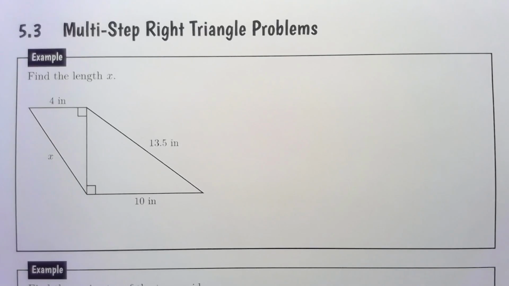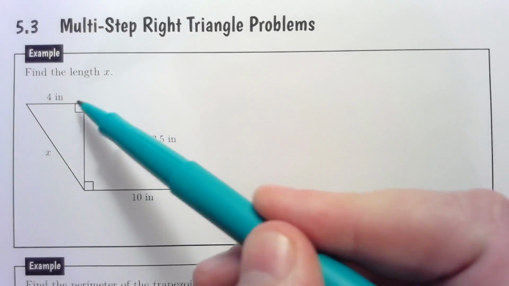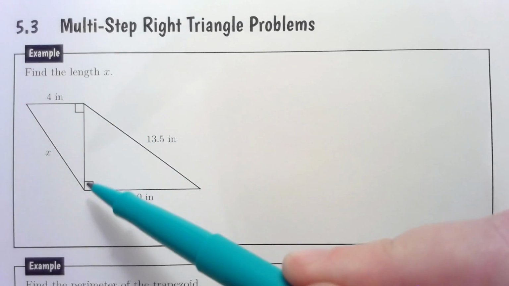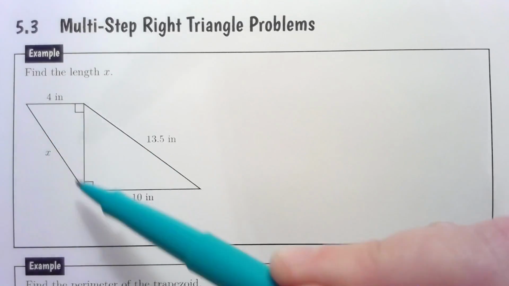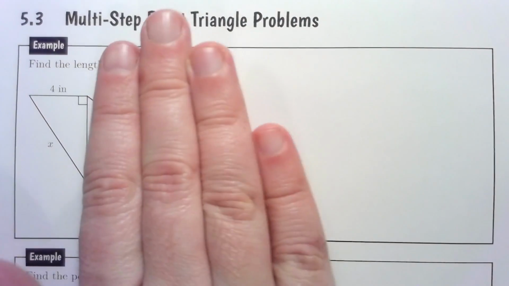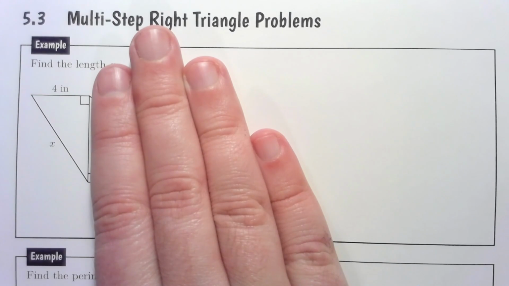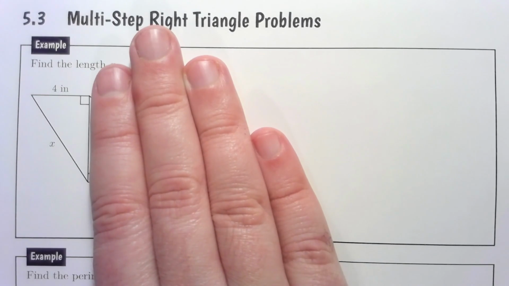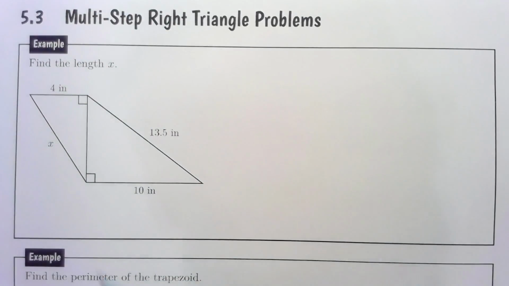So you can see that we have two right triangles here, and they're attached by this common side. Now, the side we want to know here is labeled X. If we only had this right triangle, this is a problem for us, because to find an unknown length, we need to know the other two lengths. But we don't know what this length is.